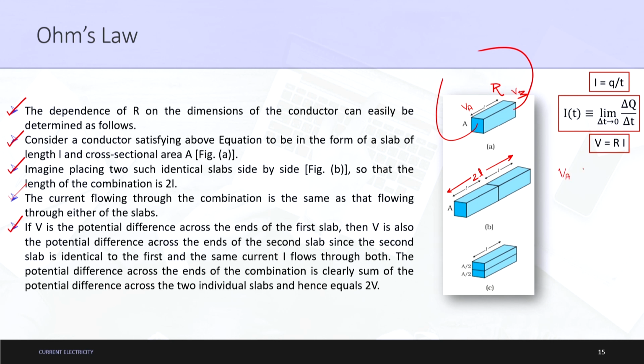The potential difference, that is VA minus VB, is V. Let us take three points, VA, VB, VC. Then VA minus VB is V and VB minus VC is also V. That means the potential difference across each conductor is always V.